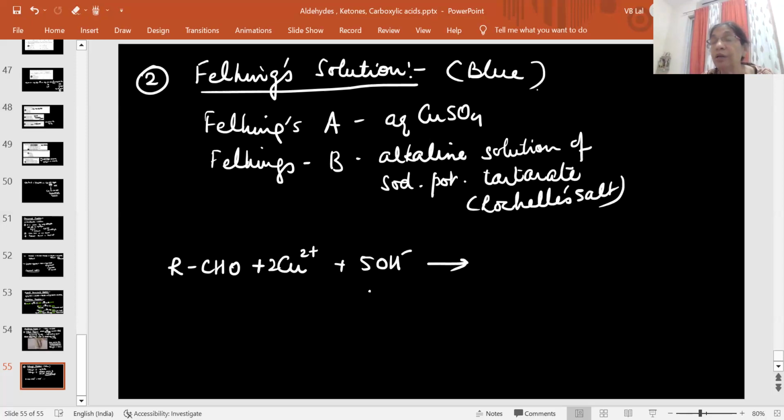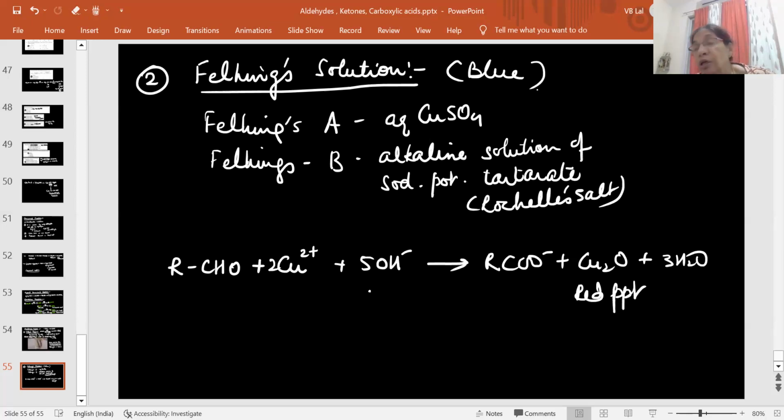You need to understand balancing equations in alkaline medium, then you will get the answer correctly. So you will get RCOO minus plus Cu2O plus 3H2O. Now this is a red precipitate.